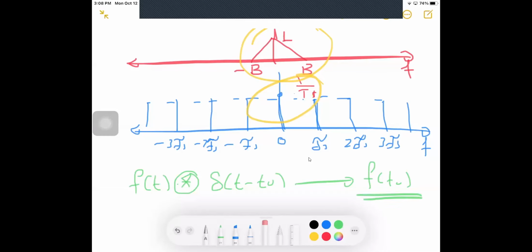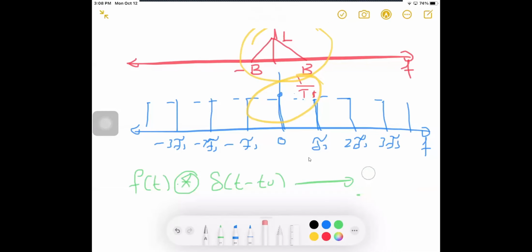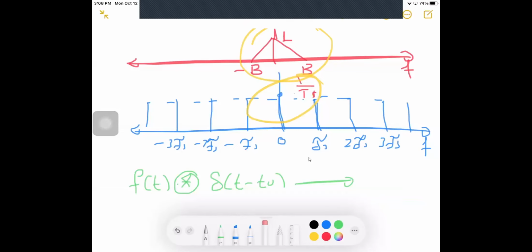Okay. What will be the real answer? Another try. F of t minus t naught. Yes, the answer will be f of t minus t naught. So if you convolve f of t with delta of t, the result will be f of t.